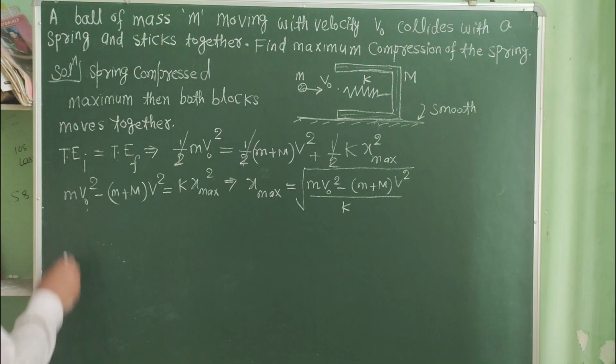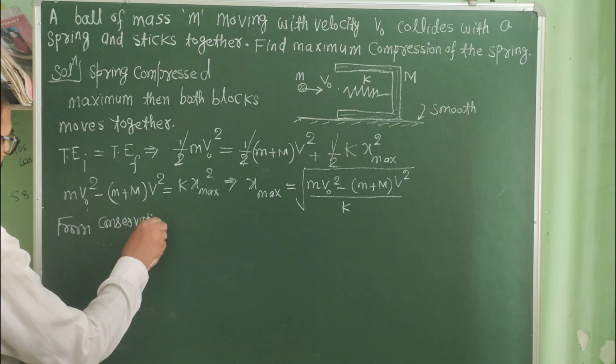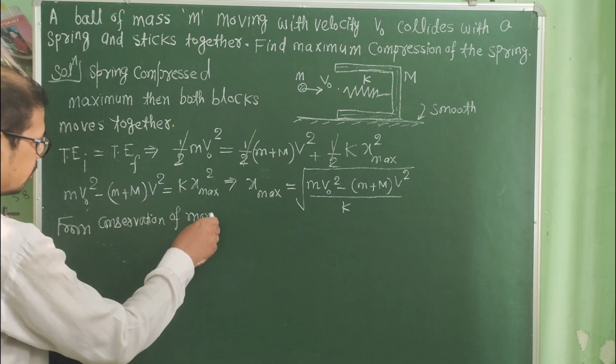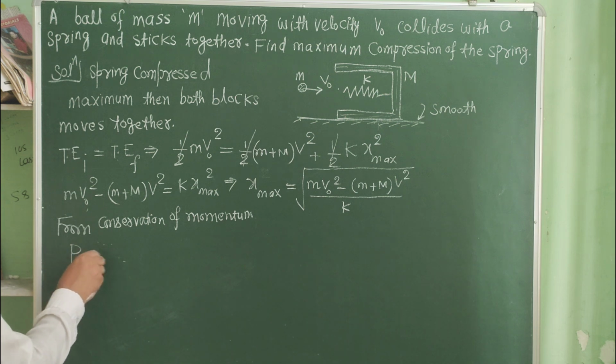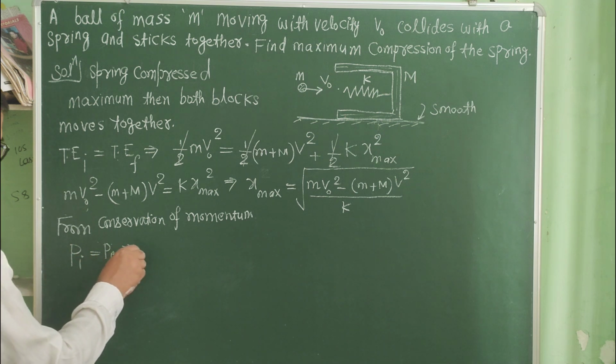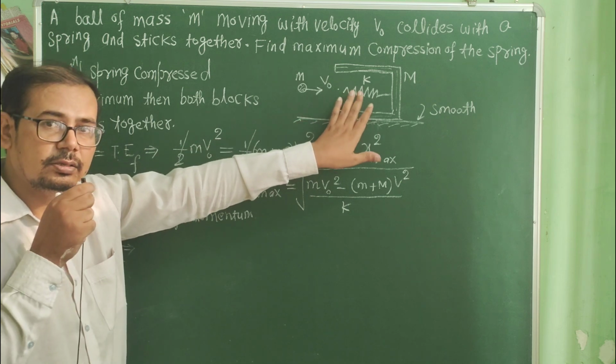Correct? From conservation of momentum, P initial equals P final, correct? The kinetic energy of the spring is 0.